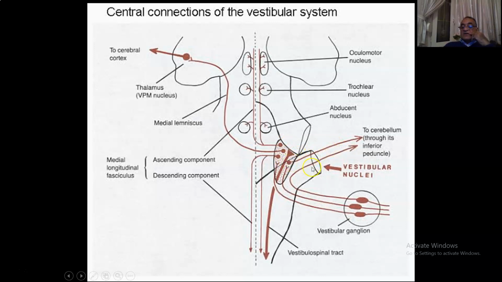So we have the direct vestibulocerebellar pathway to the cerebellum and the indirect from the vestibular nuclei to the cerebellum. And here the medial longitudinal fasciculus, medial longitudinal bundle, as we said, is sending impulses or branches to the abducent, trochlear, and the oculomotor, harmonizing motion of the eye with the information taken from the vestibular apparatus.